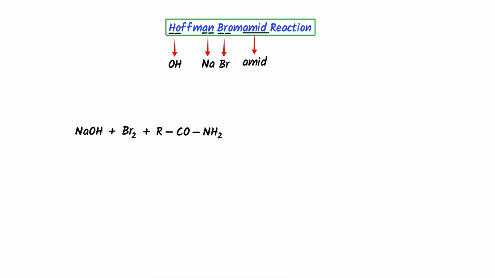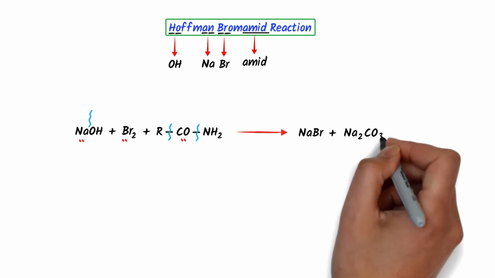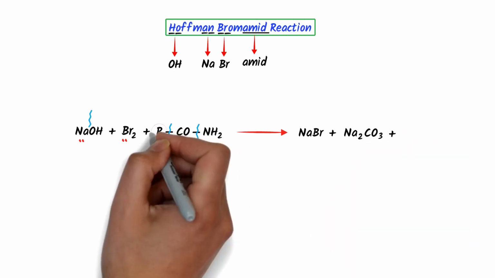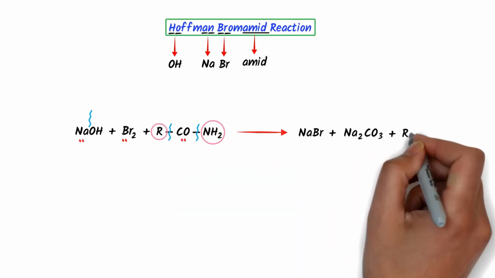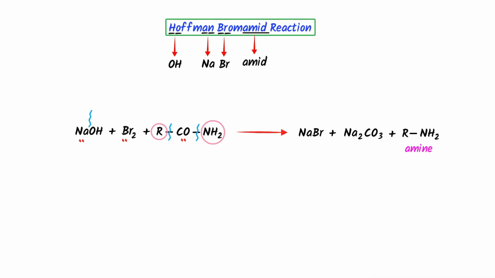So these are the reactants of this reaction. Now I break sodium and hydroxide. I break R, CO and NH2. Sodium will attack Br and CO. I get sodium bromide plus sodium carbonate. This R and NH2 will combine together to form amine. So this is the Hofmann bromamide reaction.